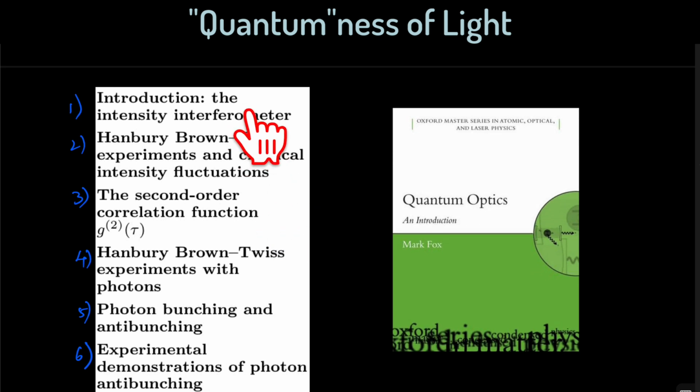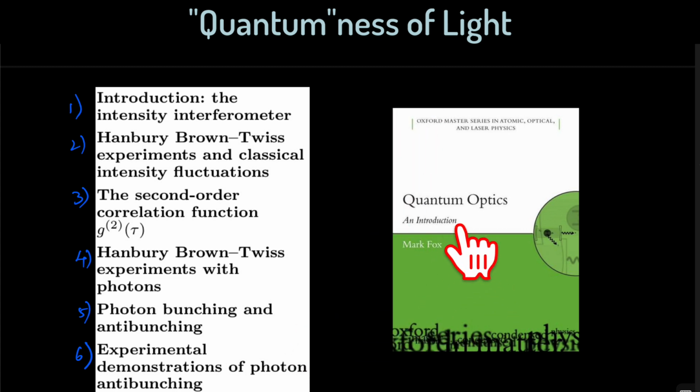So what we have covered in this discussion is essentially the intensity interferometer and its contrast with classical intensity fluctuation, the important concept of the second order correlation function in terms of G2, how Hanbury-Brown-Twiss experiments are adapted for photons, the basic concept of photon bunching and anti-bunching, and finally the demonstration of photon anti-bunching through the HBT experiments using various different sources.